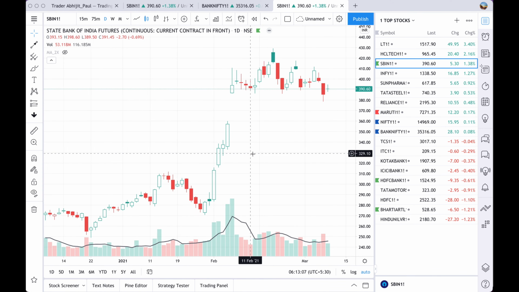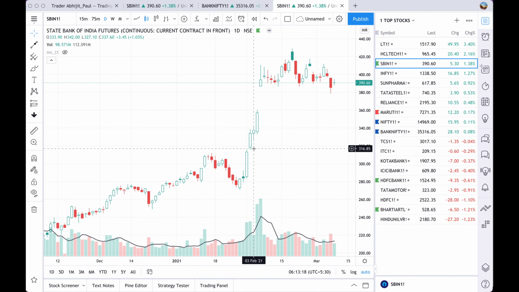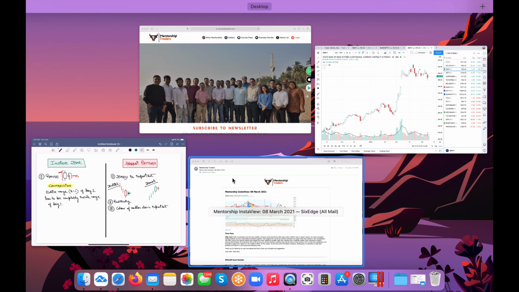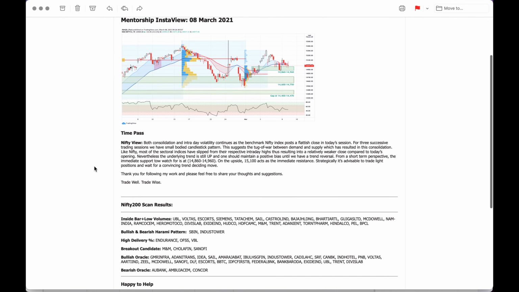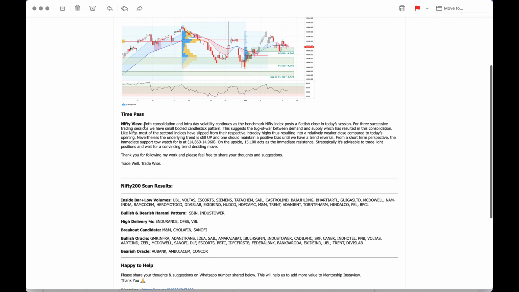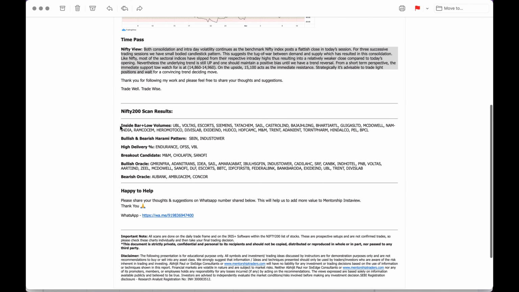Now the point is, how can we find out in a list of 200 or 500 stocks which are the stocks which have satisfied the condition of a bullish Harami or the bearish Harami? Now before I go to the inside bar, I would suggest that there is something called the Mentorship Insta View report. It's a newsletter which I email to everyone free, wherein I share my view on the markets, a small write-up on the Nifty, and then scan the cash stocks within the Nifty 200 universe for some conditions, out of which there is a bullish and the bearish Harami pattern.